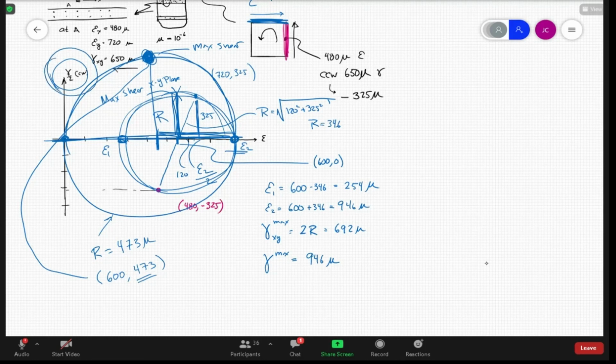That is the value of the shear strain over 2. So we have to multiply that by 2, and that gives the actual shear strain for that point to be 946, and that corresponds to the overall max, okay? It's the same thing as I do the divide by 2 and multiply by 2 with the diameter in my head, but if you want to see through the steps, that's exactly what's going on, okay?